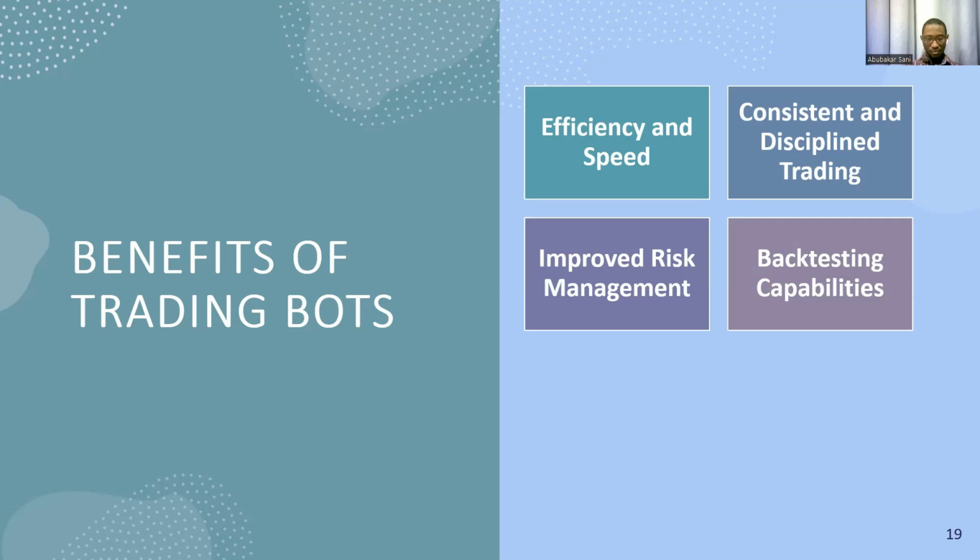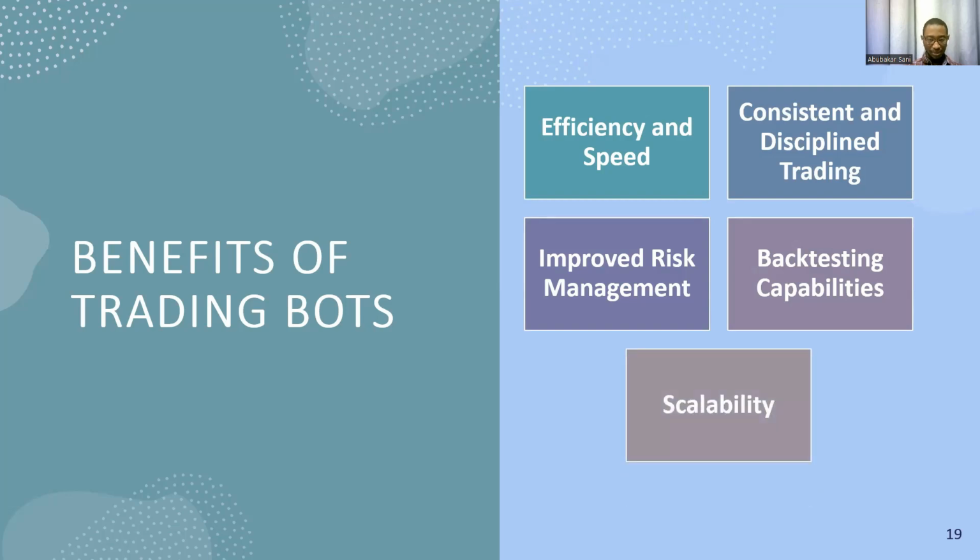Okay, so if you have historical data and you have your strategy automated, you can just try it out in that context and see how good your strategy is. It's something we humans cannot do because we don't have that capability of going back in time. But these trading bots can do that.